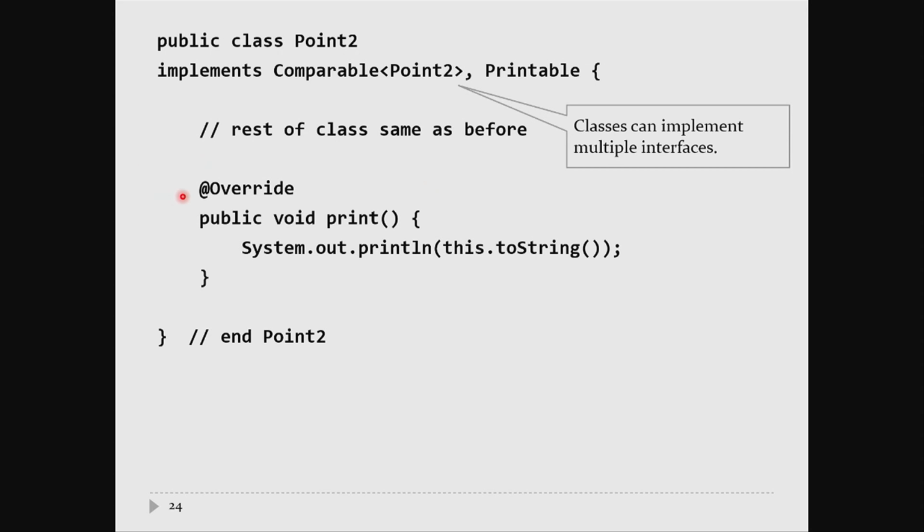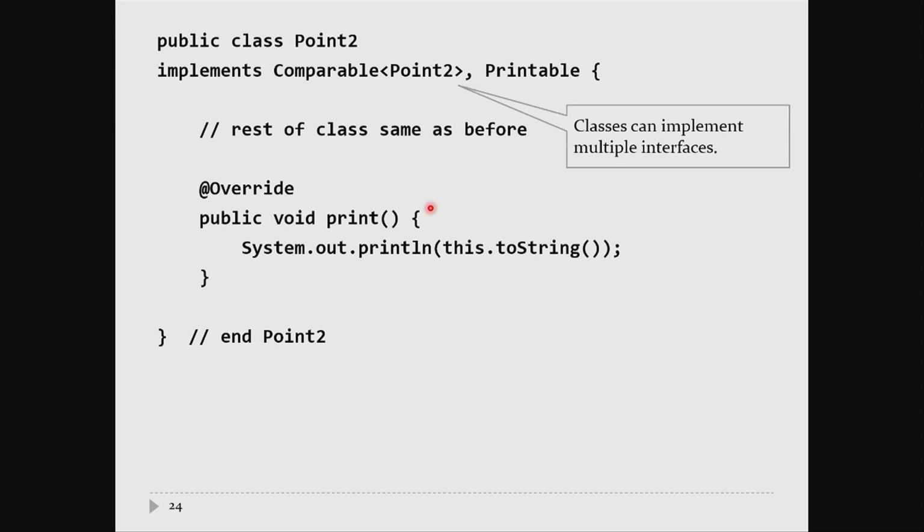So I override the interface's method, and all I'm going to do is call toString on my object and then pass that to println. And that's it. In fact, this is what you'll always do for the print method. So now when you make a point, you can just write p.print and it'll print out to standard output.